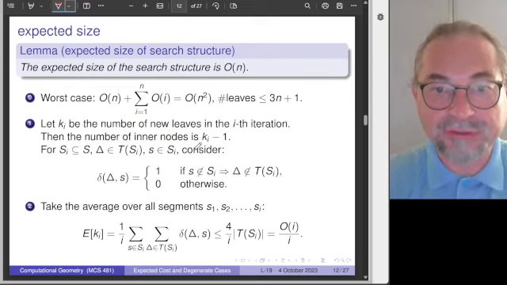So if you take the average, so you divide by 1 over i over all the line segments, and you do this with 0 and 1 quantities, then you have the expected number of new leaves, I'm sorry, that is O(i) over i, which is actually a constant.